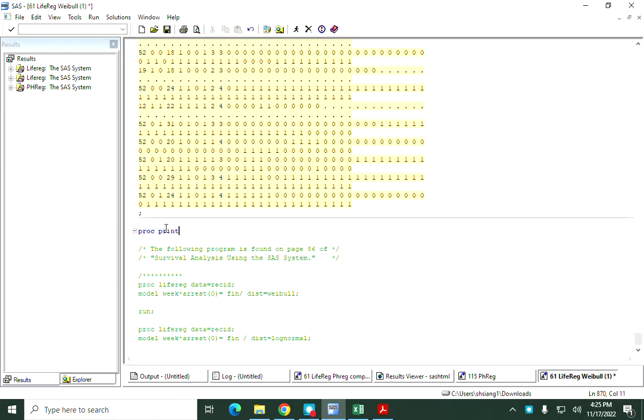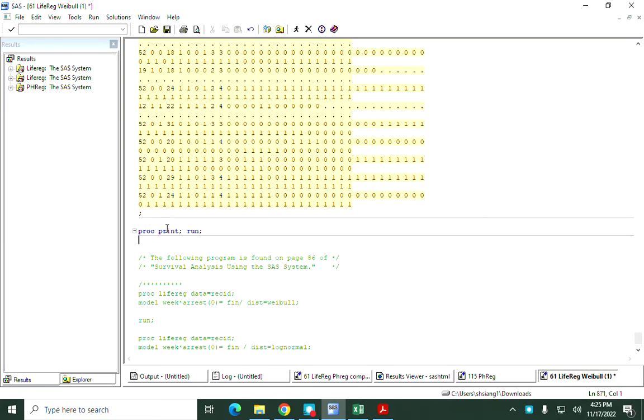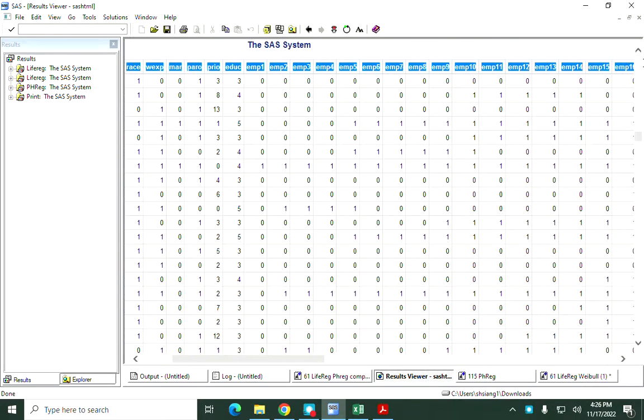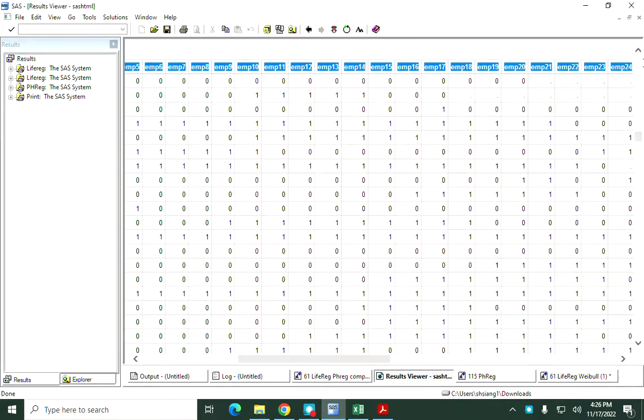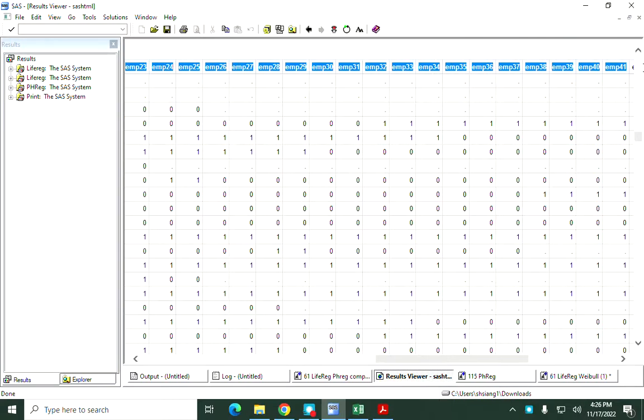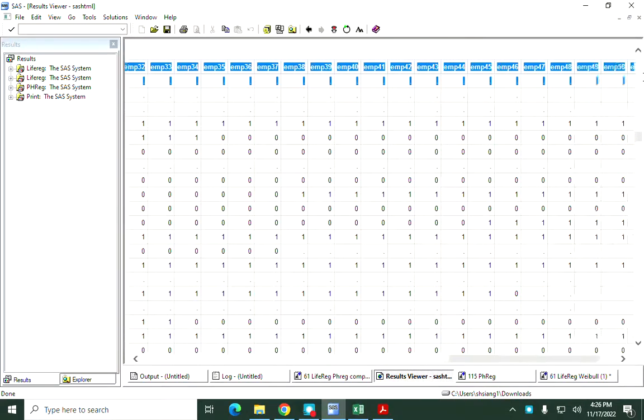Proc print, run. Okay, if you have your data set, I'm going to just do a small set, and you guys can do the rest for the next homework, okay?